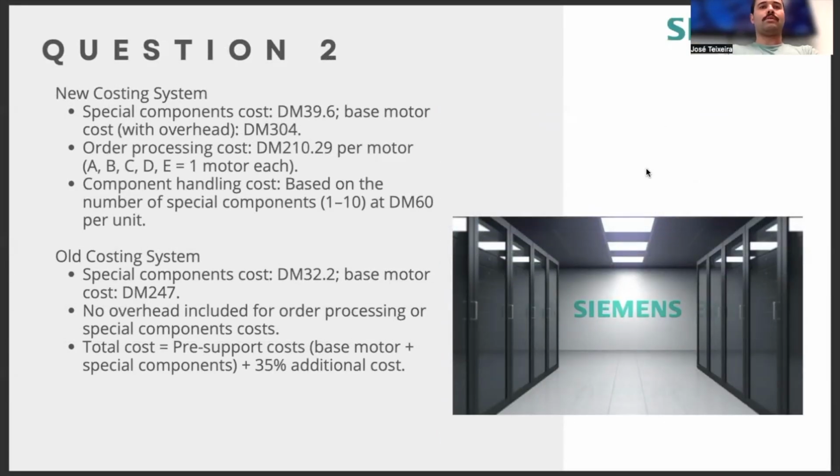Now, in the second question of this case study, we are required to calculate the total cost per order, but under the new costing system. Remember what Victor said about the new costing system. Now we have two cost pools, order processing cost and special component cost, that must be included in the calculation of total cost per order, apart from the cost of base motor and the cost of components.